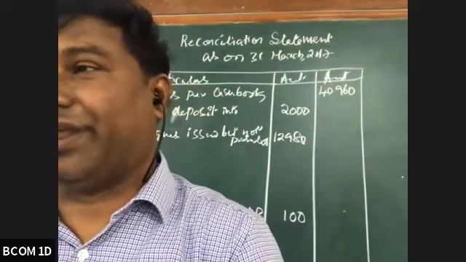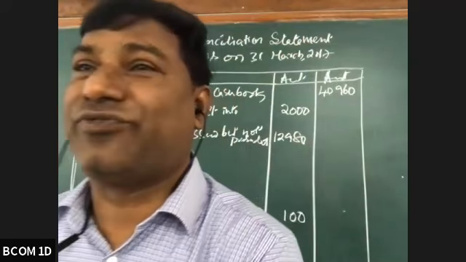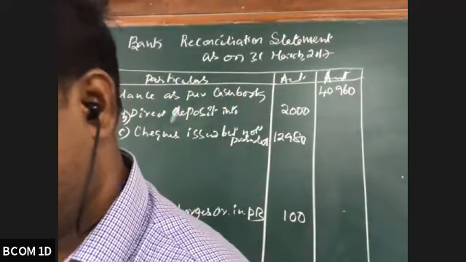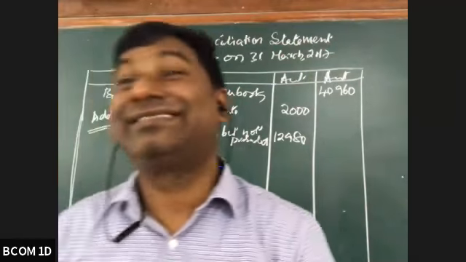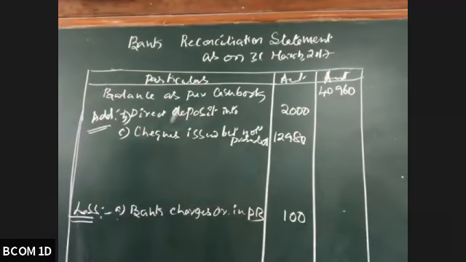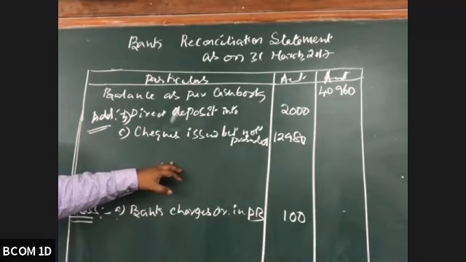That's called discounting. That's a loss for you, right? You're supposed to get 1 lakh, but you got only 90,000. 10,000 is lost. That's the discounting charge. That is shown only in the passbook. It is not shown in the cash book.